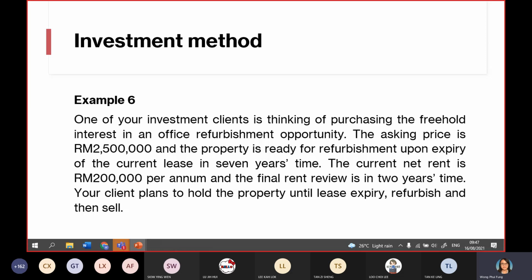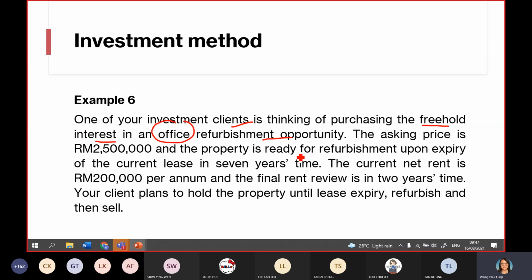All right. This question is a bit long. Okay, so all of you please wake up and listen carefully. First, your client is thinking to purchase the freehold interest, which means that your client wants to buy over an office for refurbishment opportunity.